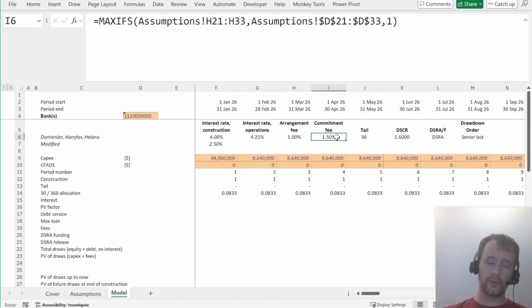What's going to be easier to work with, instead of saying we've got a 4% interest on the drawn balance and a 1.5% interest on the undrawn balance, is saying we have a 1.5% fee on everything and an additional 2.5% fee on the drawn balance. And that still works out as 4% on what's drawn, 1.5% on what's undrawn.